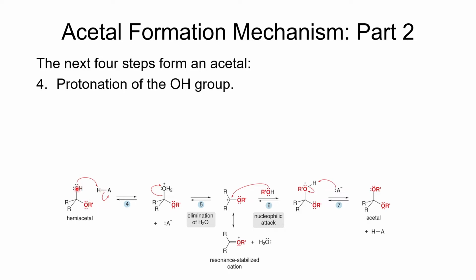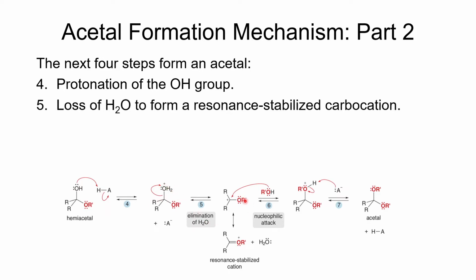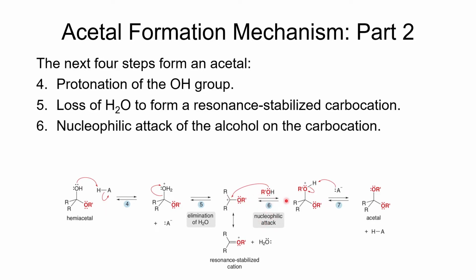When we protonate that OH, we're going to get this where we have H2O+, that makes H2O a good leaving group. So we'll lose H2O and we will form a resonance stabilized carbocation. That resonance stabilized carbocation can now undergo nucleophilic attack by our other equivalent of alcohol, and we will get this intermediate, and that intermediate just needs to be deprotonated. You can use the conjugate base of your acid, or you can use something else that's floating around in solution.